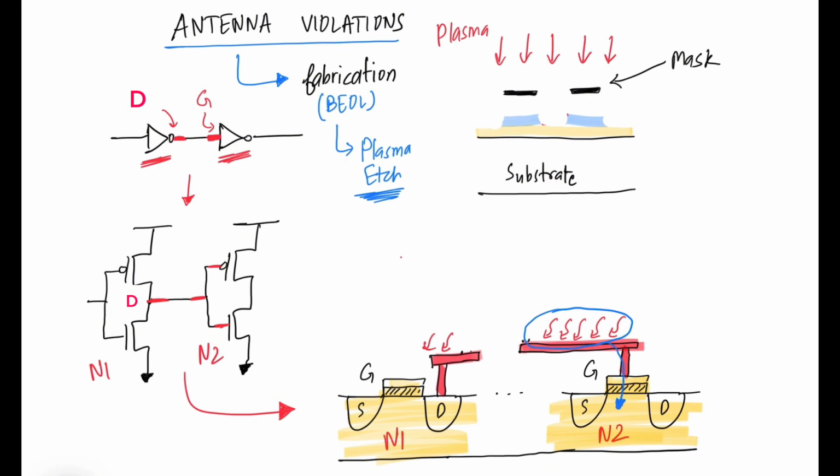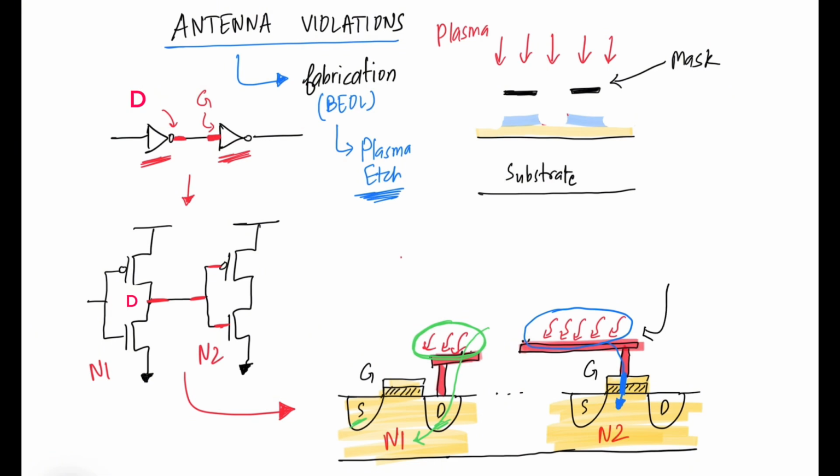While discharging through the gate, it ends up damaging the gate of the transistor, and we lose the functionality of our transistor because the gate is damaged. This is not a problem with the metal which is connected with the source or the drain terminals, because source and drain are the natural current conducting paths in our design, and any accumulated charge can easily discharge through source and drain to the substrate which is biased.